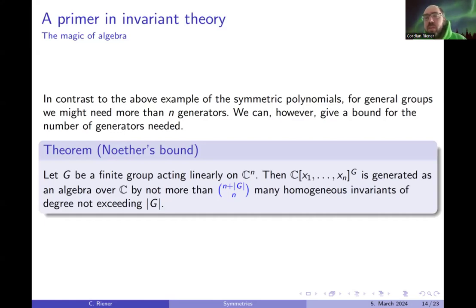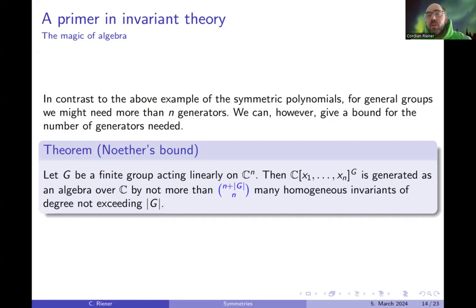N factorial is 12. No, n factorial is 24. Sorry. So we have 4 plus 24 over 4. That's a pretty big number, so big that I cannot really calculate it right now. And the degree of my polynomials would be at most 24.